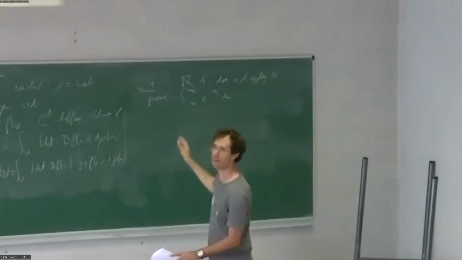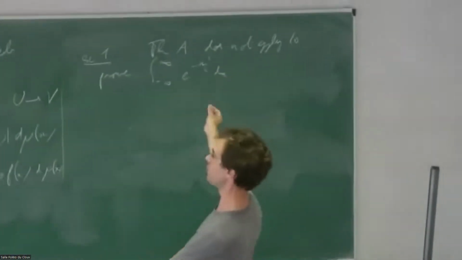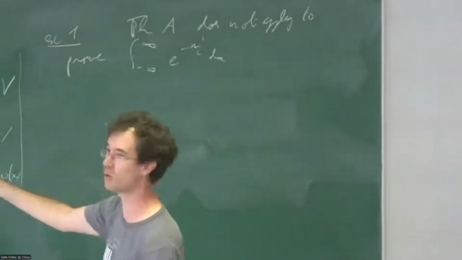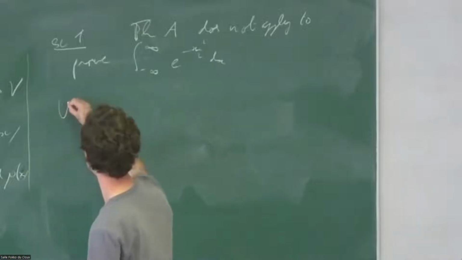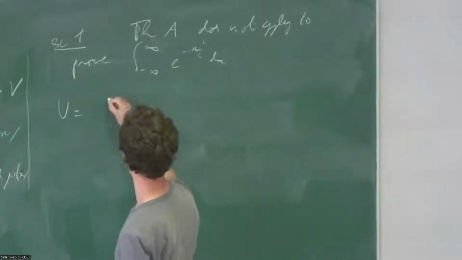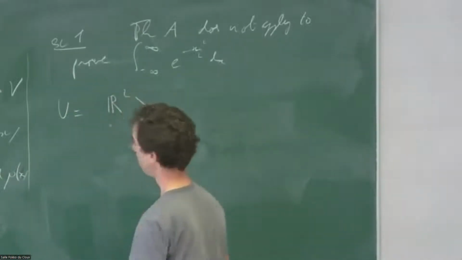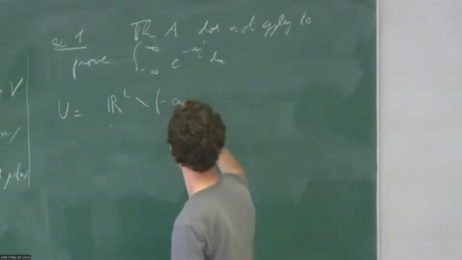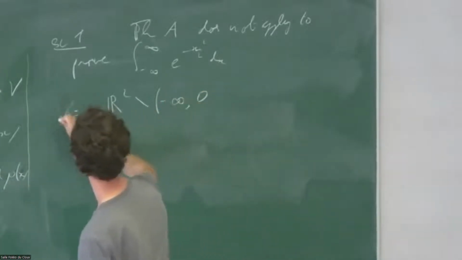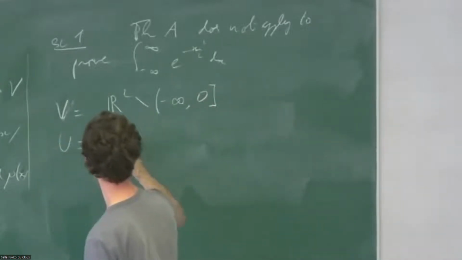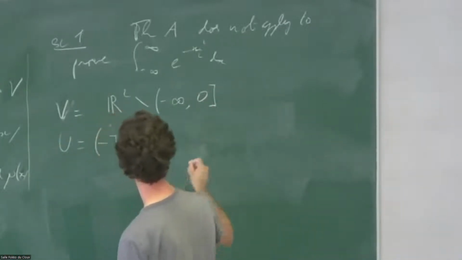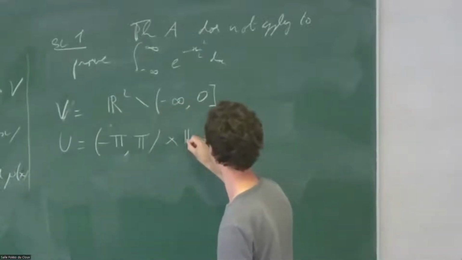Let's try to apply this theorem to our situation from before. What would you take? You would take U to be R2 minus the negative line. So this will be V. And U would be minus pi, pi times the real line.